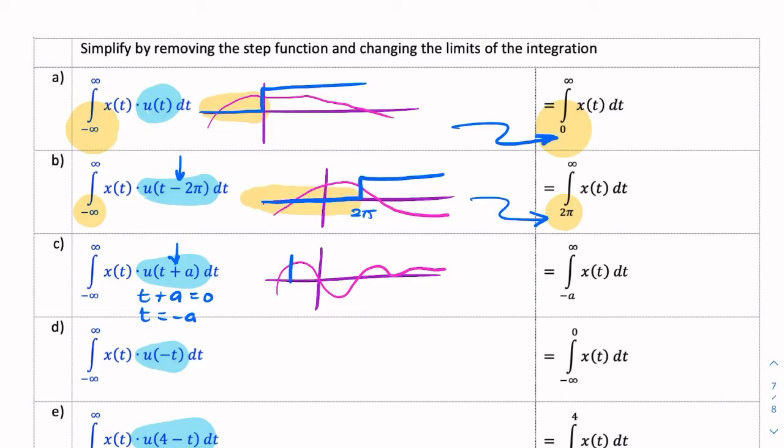So the unit step starts at t equals minus a. So everything to the left of that, everything before t equals minus a, isn't included. So your integral has this lower limit replaced by minus a.